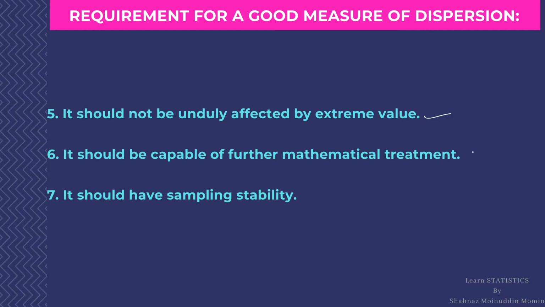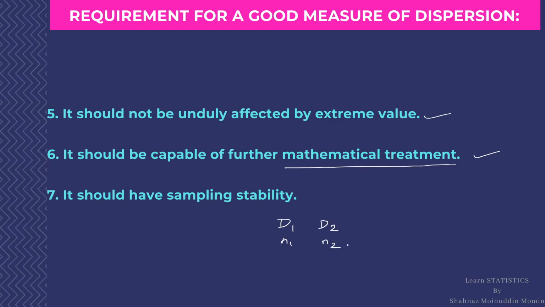Next condition is it should be capable of further mathematical treatment. What is mathematical treatment? Suppose we have two measures of dispersion, D1 and D2, for two sets with size say n1 and n2.